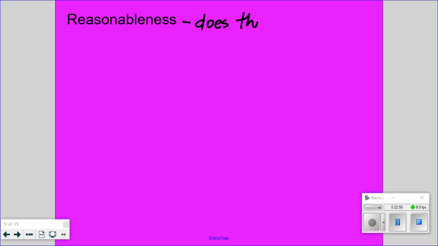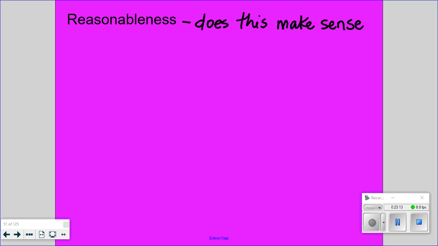does this make sense? For example, if I'm thinking, okay, 3 times 5, 3 groups of 5, a reasonable answer might be maybe around 10-ish.